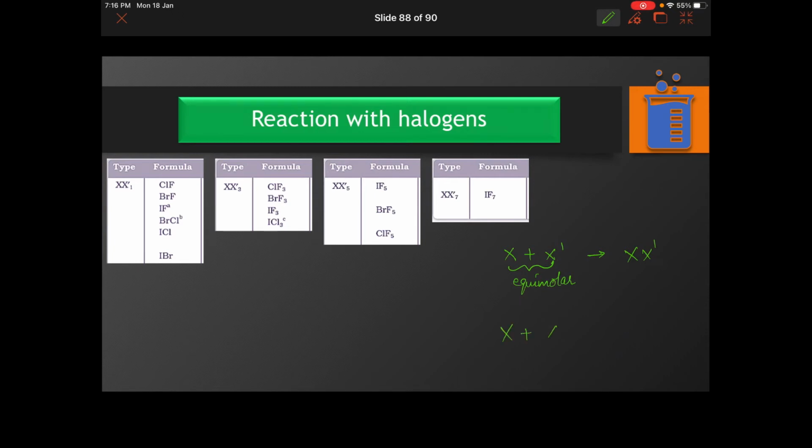But when the smaller, more electronegative atom is in excess, then you can have the forms XX'3, XX'5 and XX'7, right? But not by all the halogen atoms. The reason I have given you, because of the steric hindrance, this will not be formed.